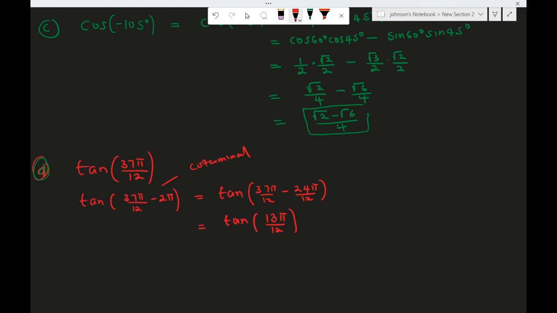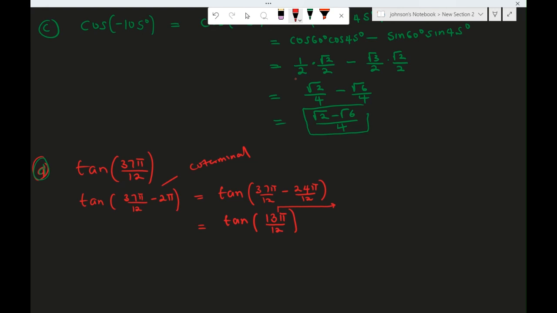Now, if you look at 13 pi over 12, it's not something you can easily get. But look at 13 pi over 12. You see this angle is in which quadrant? You see 13 divided by 12 is already greater than 1.